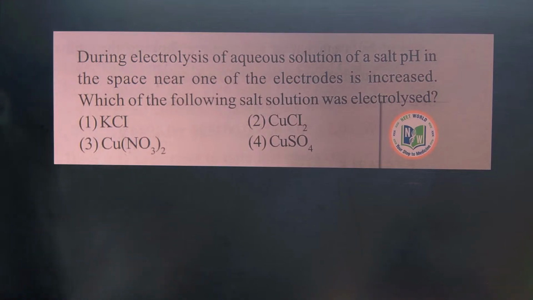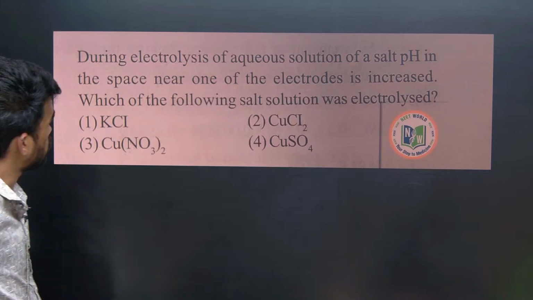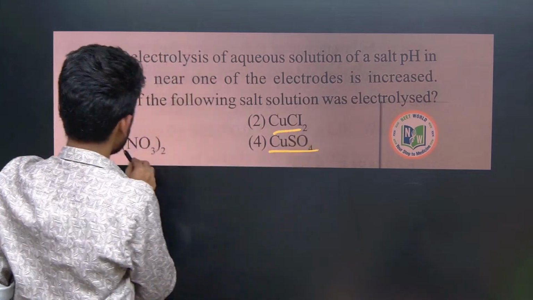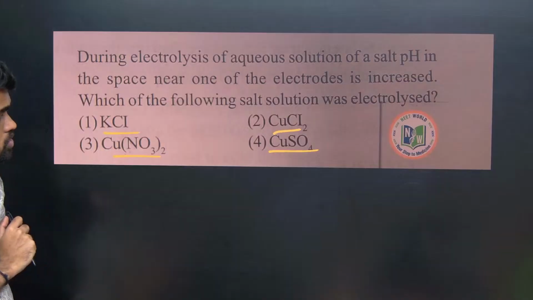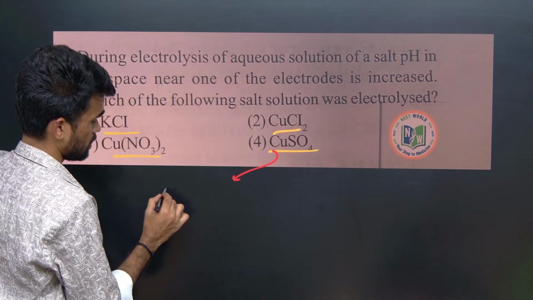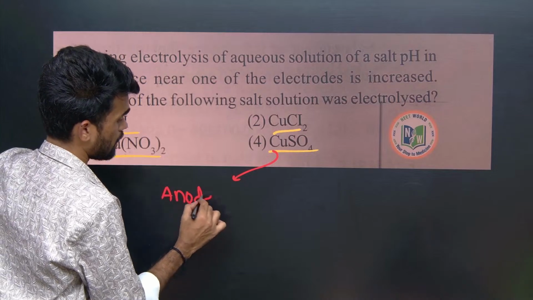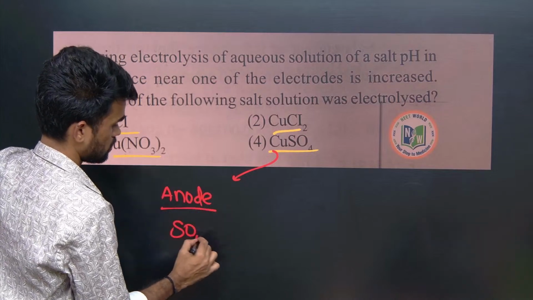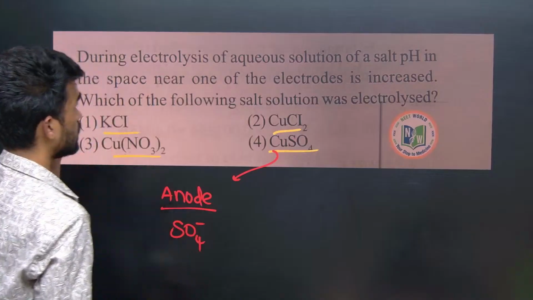Aqueous case, what I told you? Look, out of these ions, so at anode, you are saying CuSO4, let us understand that. At anode, what are the anions we have?